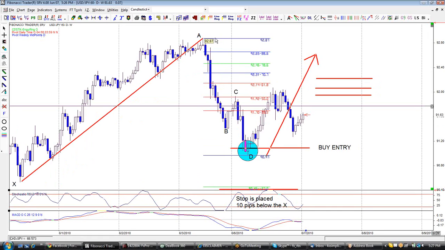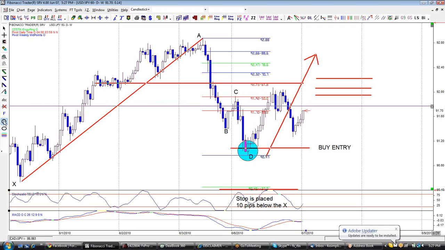If I'm thinking as a bear, this swing, now the AD becomes my main swing. Here I would find past resistance, past support becoming resistance, converging very close with the 618 of my Fibs. And this is where most likely I would place an entry if I want to sell.